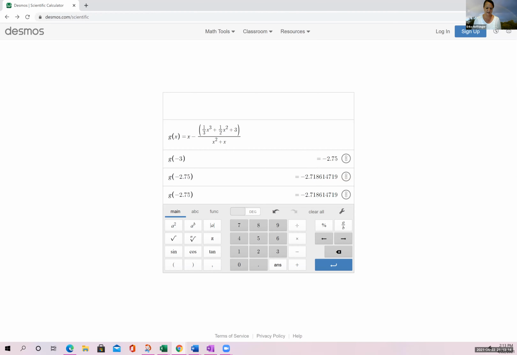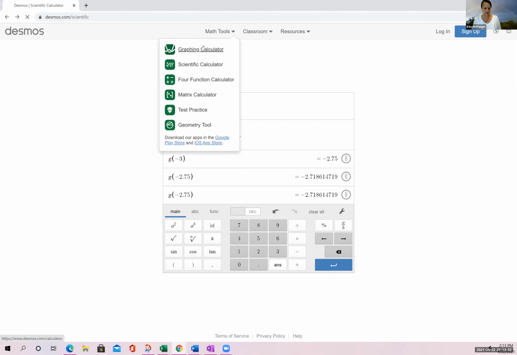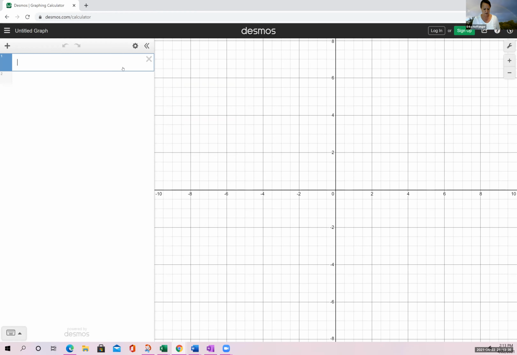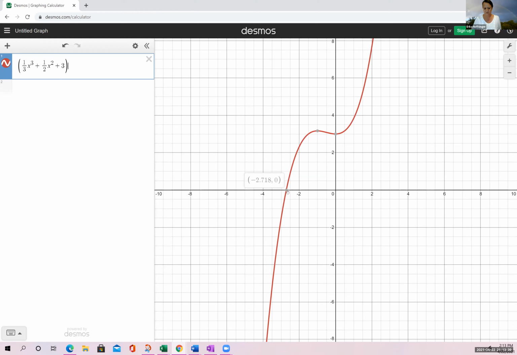So when x is -2.75, that's where it's going to cross the x-axis. And we can always test that again by graphing our original function and showing that's what you get. So over here, -2.718, which we said.